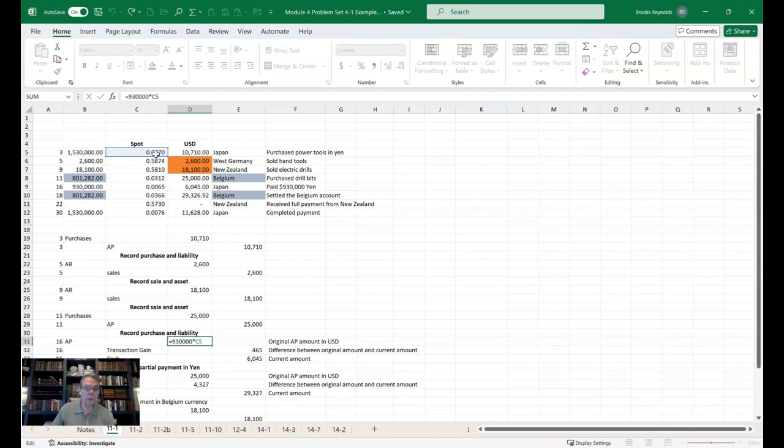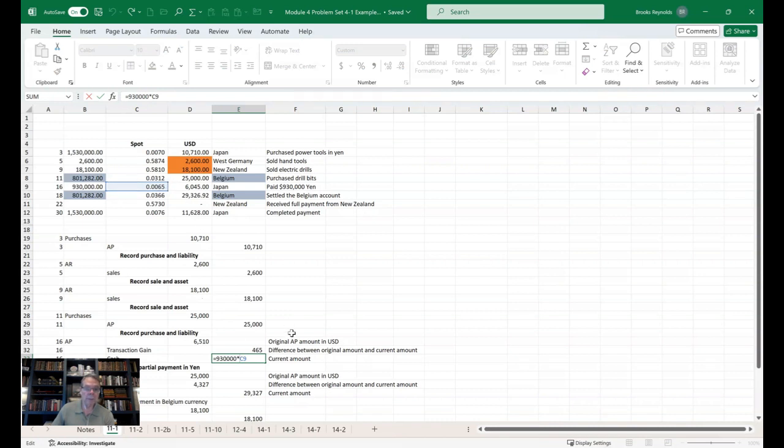So whatever was due, because again, we recorded 10,710. So we have to reduce the AP by the equivalent. So that would be 930,000 times the spot rate on the date that we made the transaction. But the actual cash is going to be the 930,000 times the current spot rate.